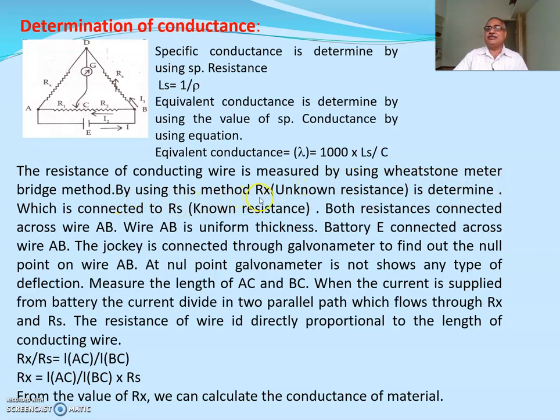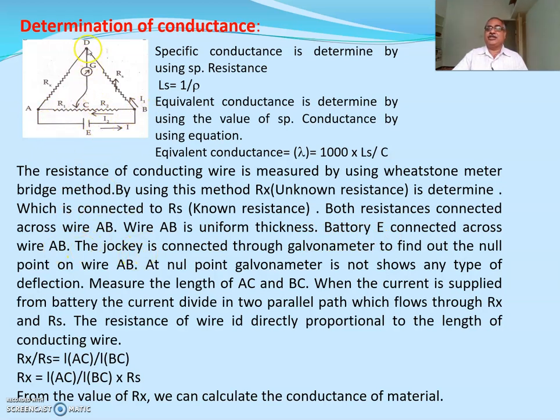By using this method, an unknown resistance can be determined, and it is connected to the known resistance Rs, and both resistances are connected across the wire AB. Wire AB is a uniform wire made of platinum iridium alloy with uniform thickness, and a battery E is connected across the wire AB for supply.